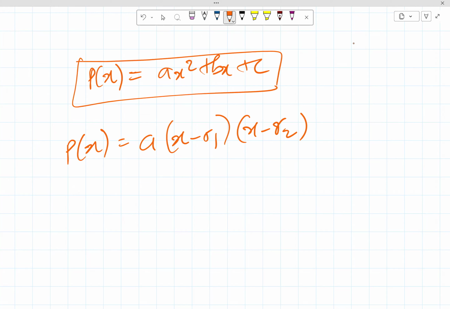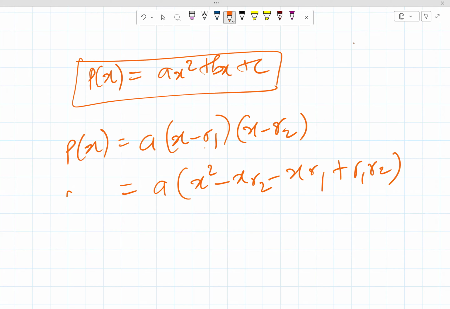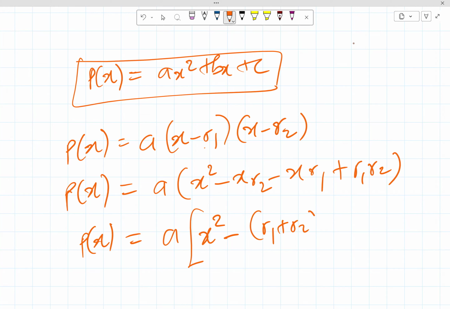So here we have this in this form. If we now expand this, it's the same thing as a into, x times x is x squared, x times minus r2 is minus xr2, minus r1 times x is minus xr1, then minus r1 times minus r2 is r1 r2. So p of x is equal to a into x squared minus, you see x is common, so you have (r1 plus r2)x, plus r1 r2.